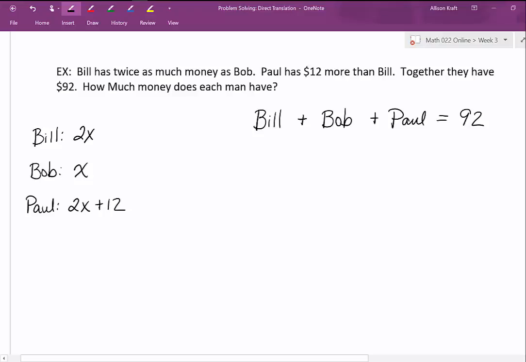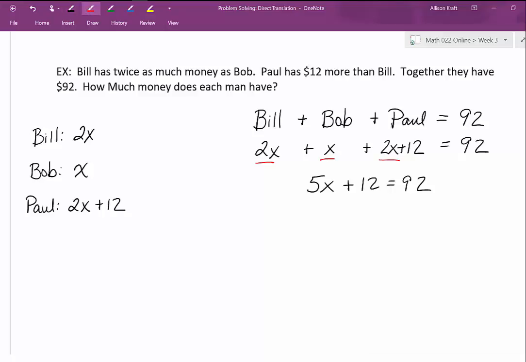Now that I have specifics about each of the guys, I can plug it into my general equation. 2x plus x plus 2x plus 12 equals 92. I have like terms on the left side that I can combine. It's going to give me 5x plus 12 equals 92.